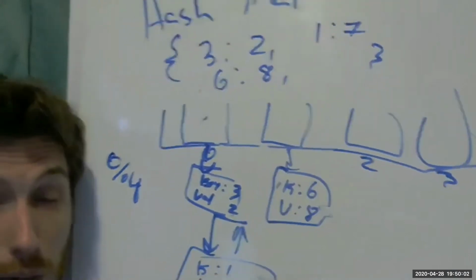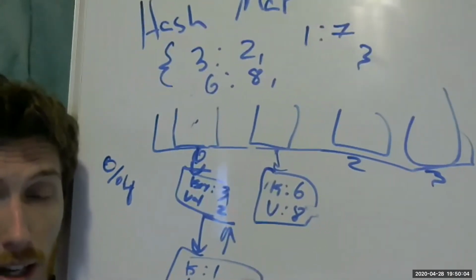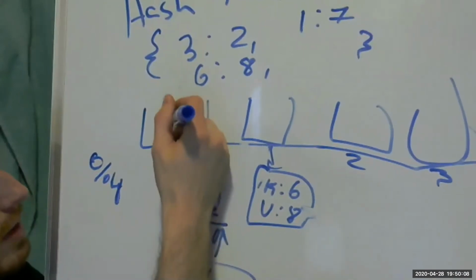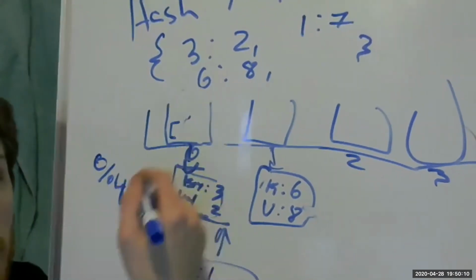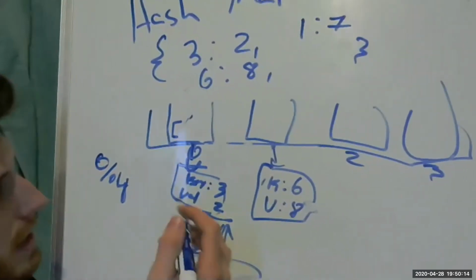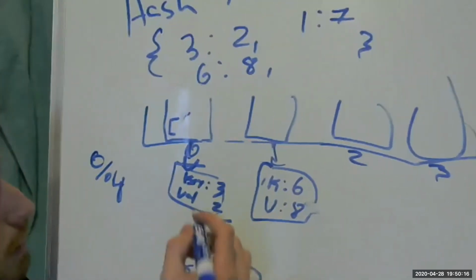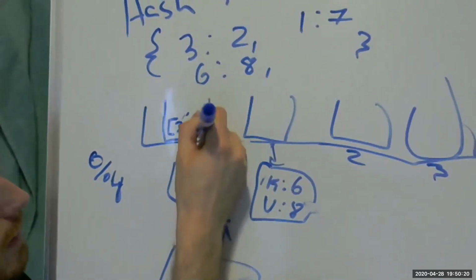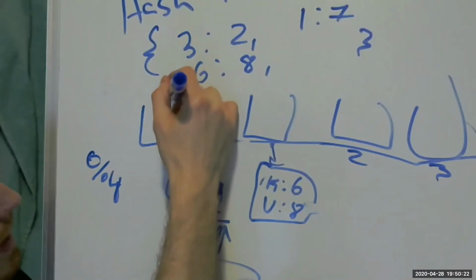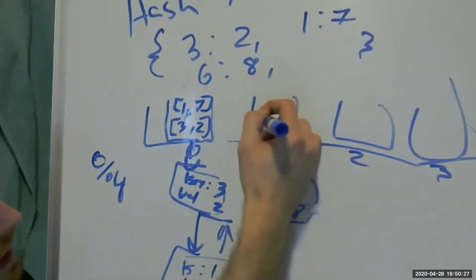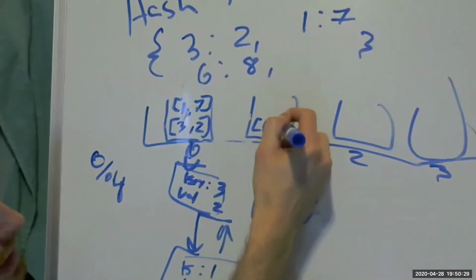Now, you may say to me, I don't get the point of the doubly linked list. Why don't I just make tuples? That's what you call an array with 2 elements in it. Why not just put my 3 pointing to a 2, my 1 pointing to a 7, and my 6 pointing to an 8?